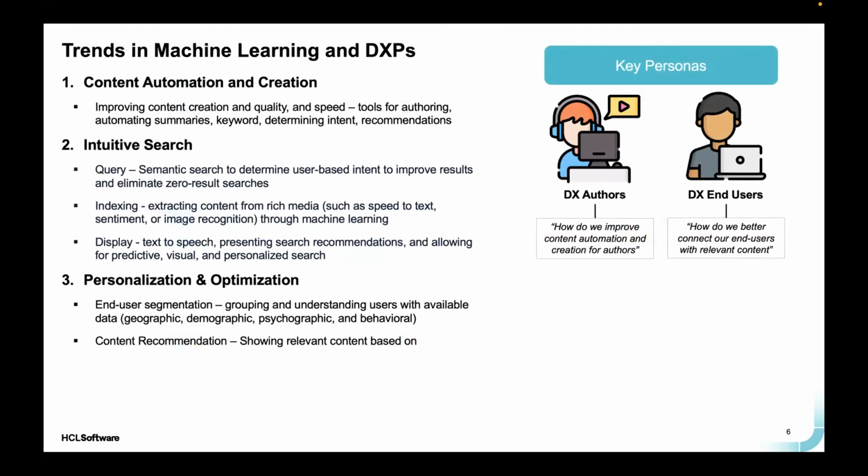One of the things I thought would be worth sharing is some of the trends that we saw in ML and DXPs as part of this journey. And you'll see as part of the roadmap, some of these items come into play. The first is content automation and creation.